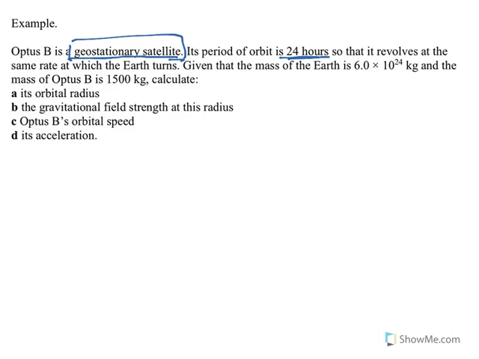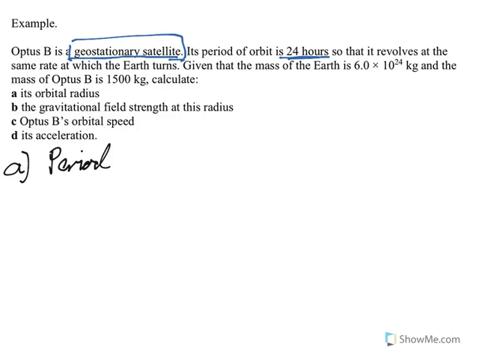Given the mass of the Earth is 6.0 times 10 to the 24 kilograms, and the mass of Optus B is 1,500 kilograms, calculate a few things. First of all, A, the orbital radius. This one's a little bit tricky because there's a bit of mucking around, but okay.